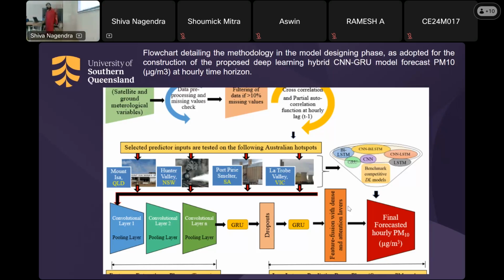So I combined it with the gated recurrent unit, another machine learning model, and then I finally forecasted the PM10. However, in the funnel, if you see, I have used 3, 3, 6, 7 models. One is my main model, and I benchmarked it with several other models to see whether the main model is actually good or maybe some other model is performing better for other sites.